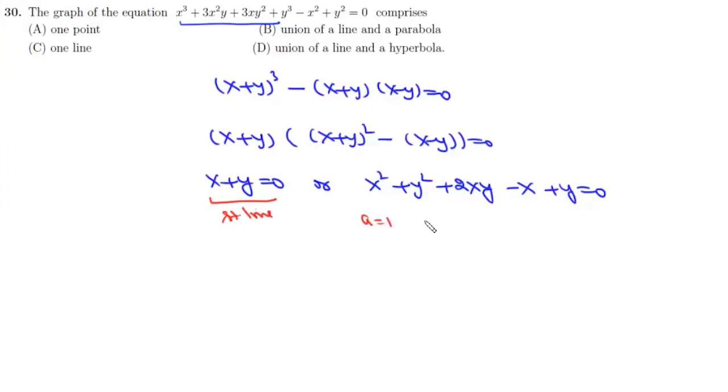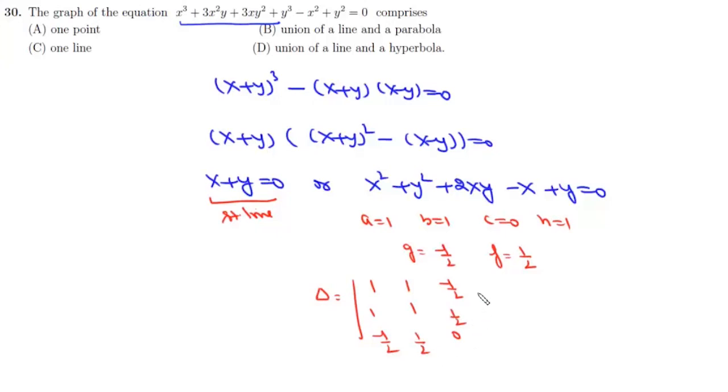Now here the value of a is 1, b is 1, c is 0, h is 1, g is minus 1 by 2, and f is 1 by 2. So if we find this delta, it will be 1, 1, 0, 1, minus 1 by 2, minus 1 by 2, and here will be 1 by 2 and 1 by 2. Now we take R1 minus R2, will be 0, will be 0, and this value will be minus 1.